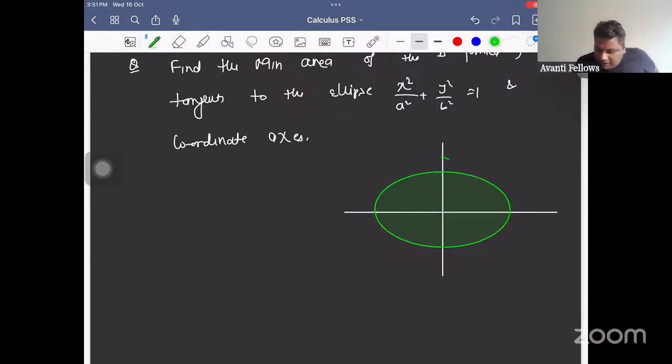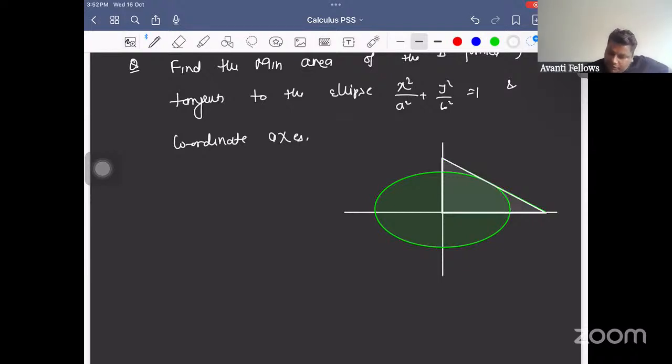Now tangent to the ellipse is this. This is the tangent. And the area they are talking about is this area. You have to minimize the area of this triangle.